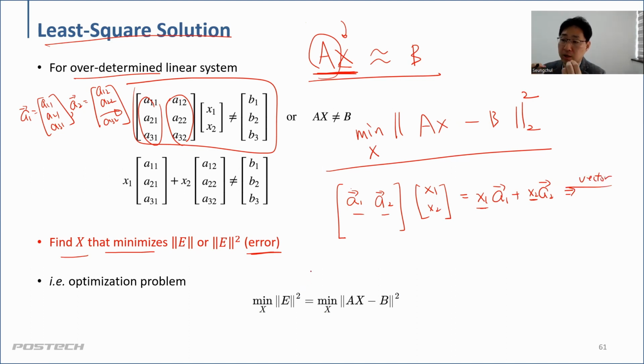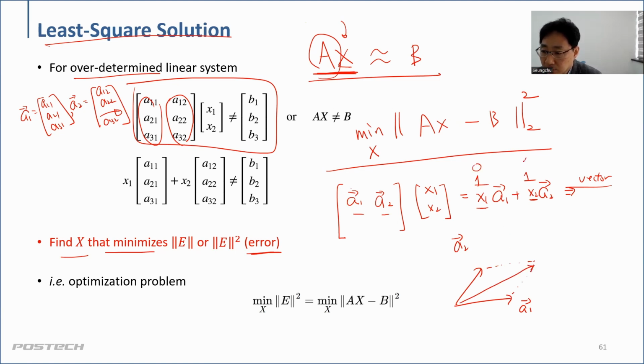Having different values of x of 1, x of 2, we will have different vectors, but based on these two vectors A of 1, A of 2. Suppose this is A of 1 and A of 2. And if you have 1 and 1, probably this will be the vector.